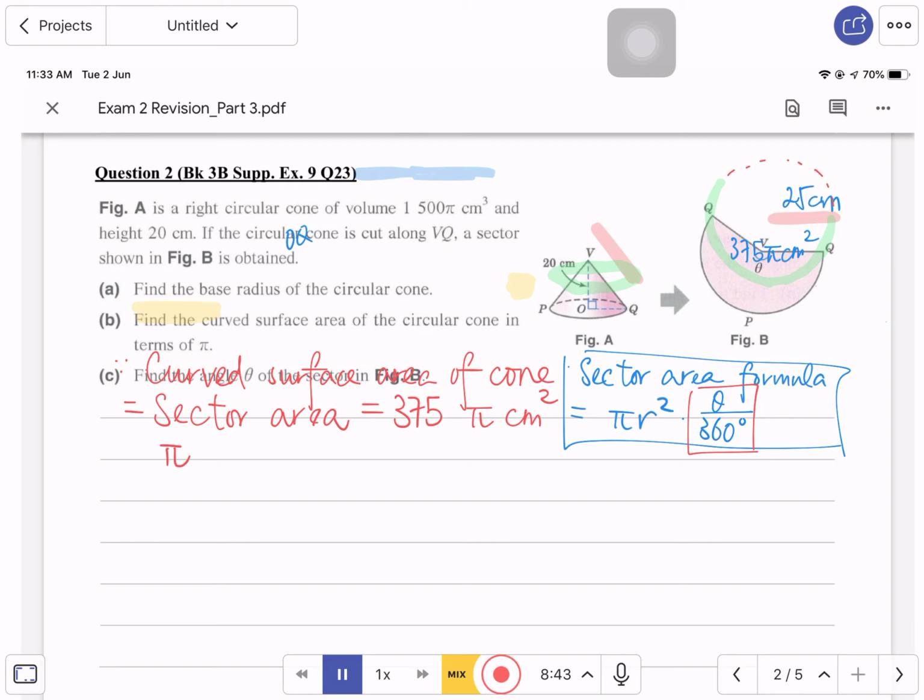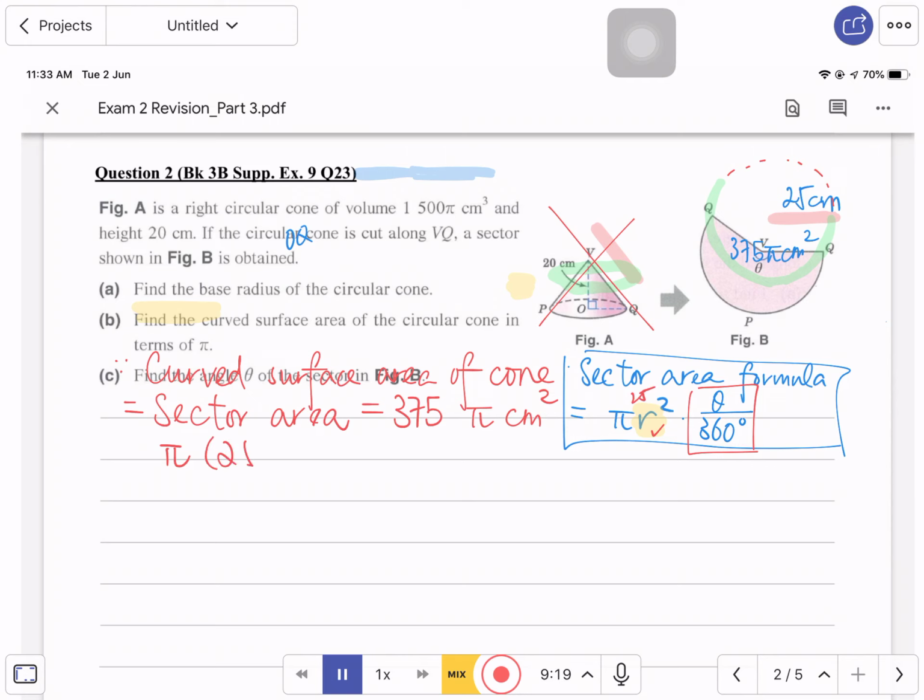Okay, pay attention to the r. This time the r does not refer to the base radius OQ in figure A. It has been cut. The base in figure A disappears already. Now we just cover the figure A. We just notice figure B. In figure B, the radius is VQ, so it's 25 cm. It has changed. So r is 25.